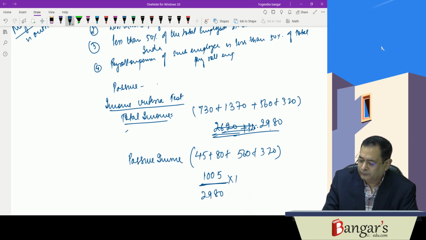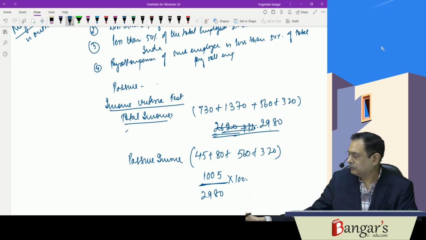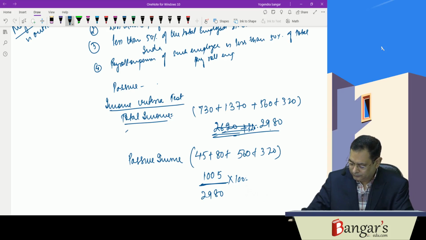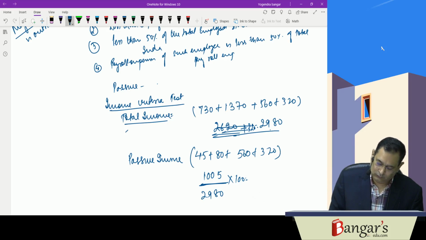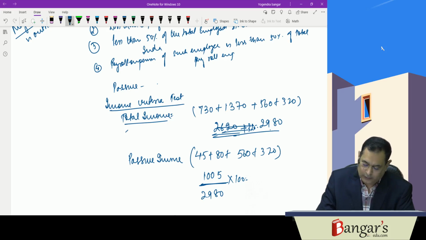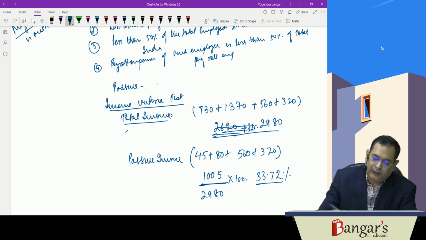Divided by 2980, the percent works out to 33.72%.